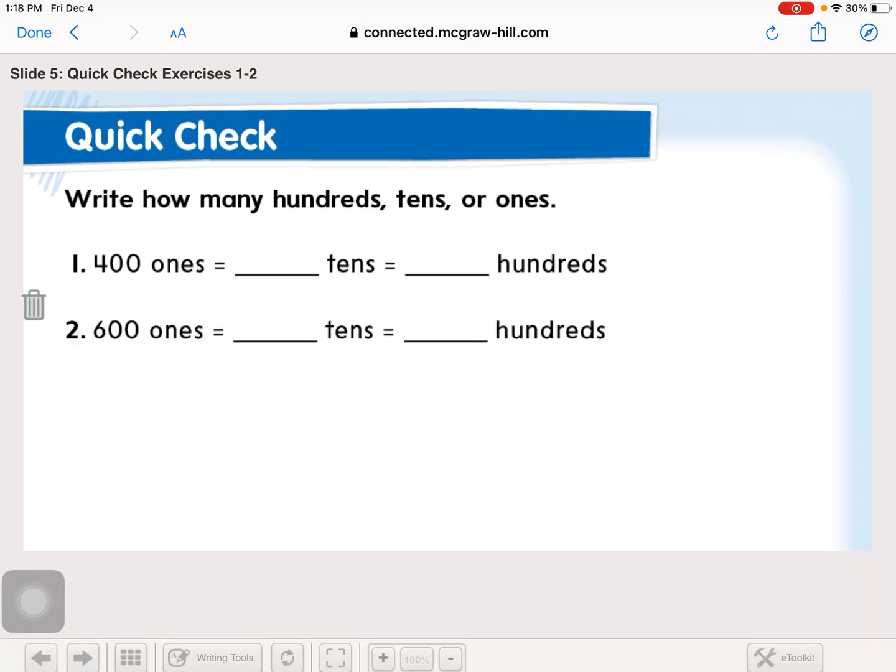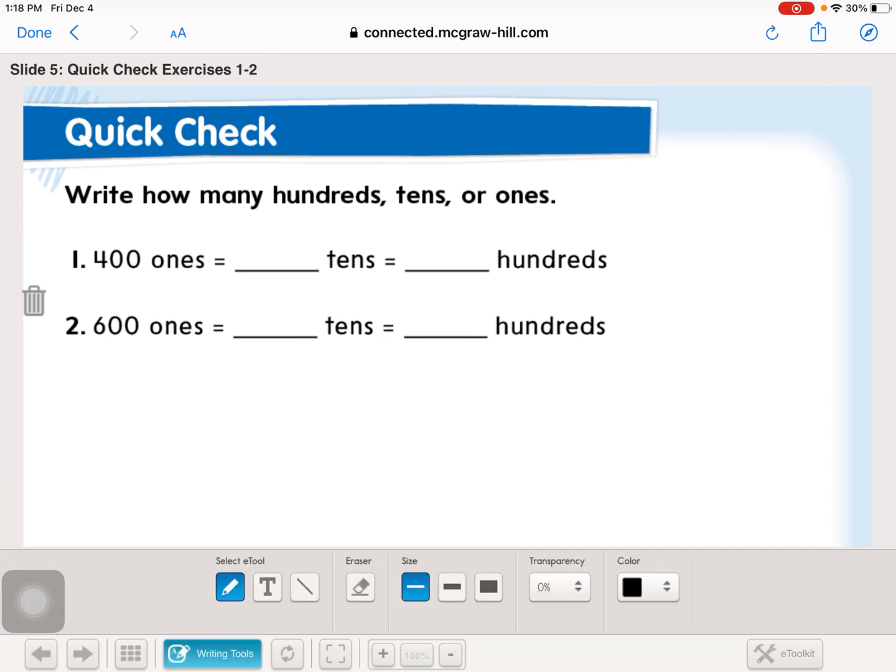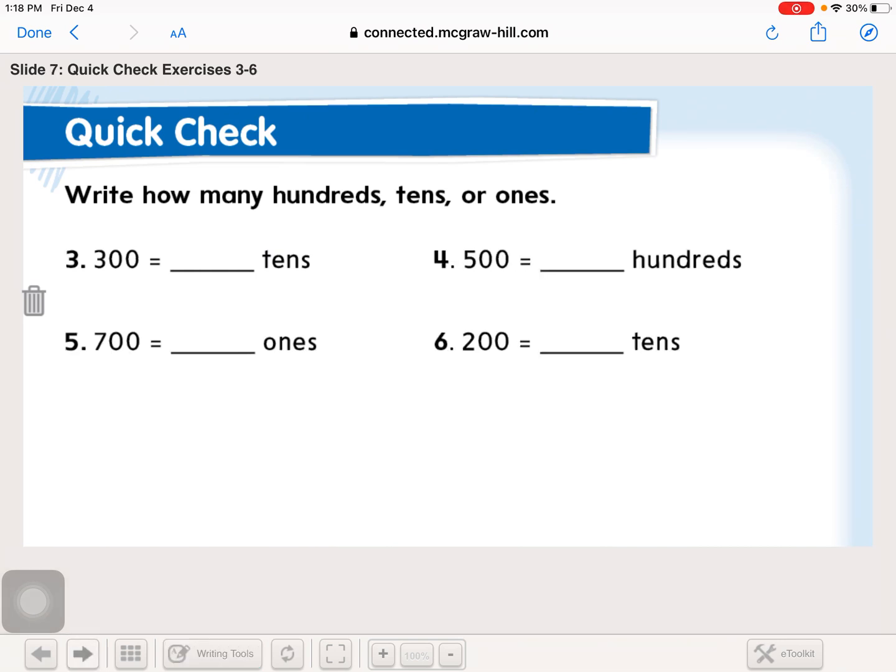We just talked about this, so 40 tens, and that equals 4 hundreds, just like we saw on the last page. 600 ones, if we regrouped those into tens, it would be 60 tens, or 600 flats. Write how many hundreds, tens, or ones.